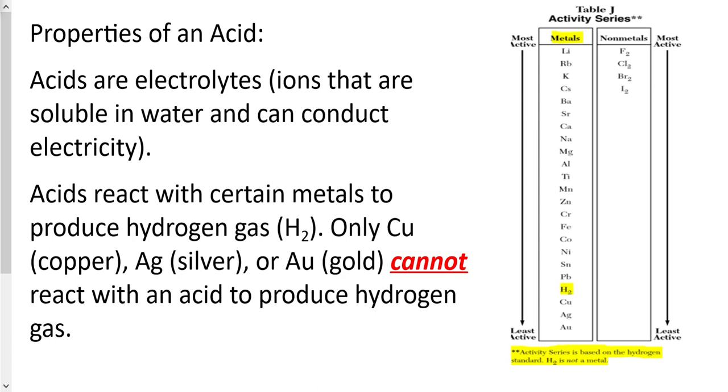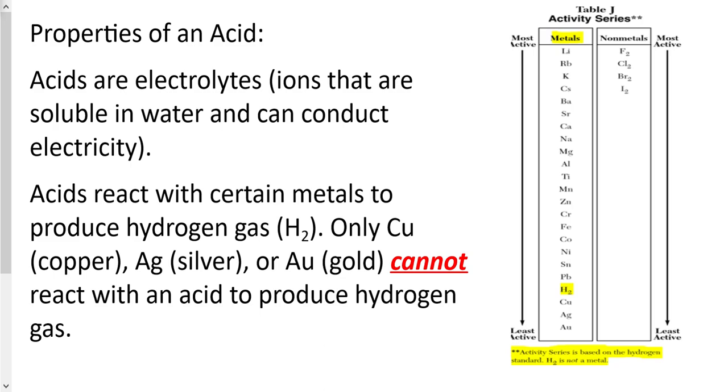Properties of an acid. The first thing we need to know is that acids are electrolytes. And again, electrolytes are ions that are soluble in water which can conduct electricity. Remember, review your previous lesson on electrolytes.